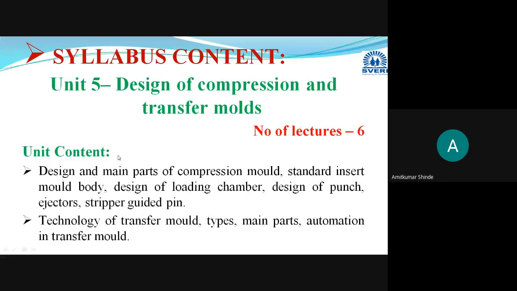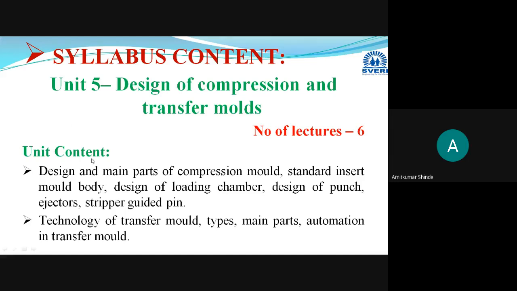This is chapter number 5 from our syllabus, and the name of the chapter is design of a compression mold and design of transfer mold. Here, we are going to discuss the design of compression mold only, and related to the transfer molding process, we will discuss its types and how automation is performed in transfer molding.